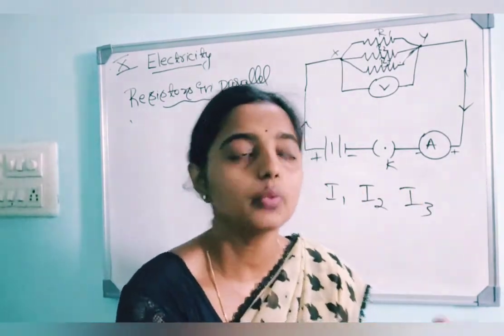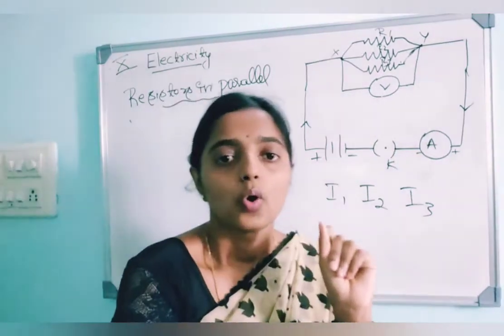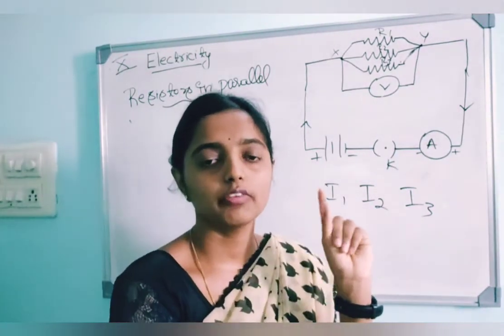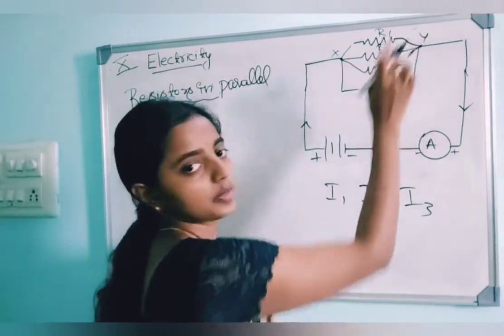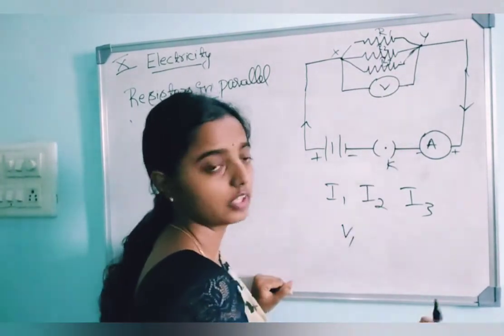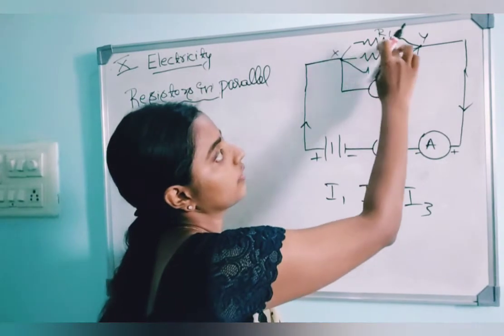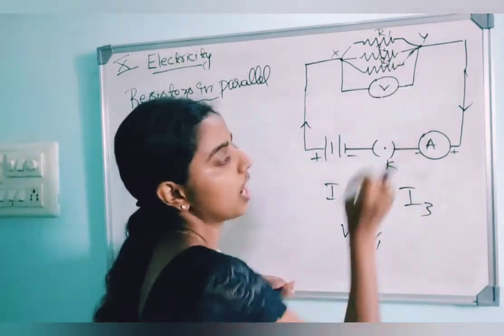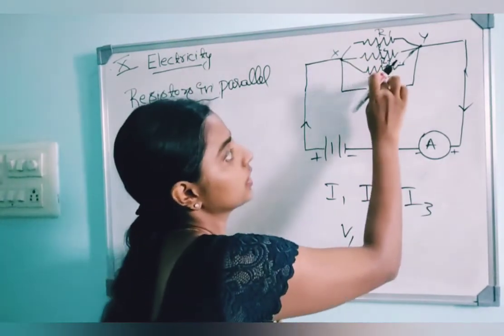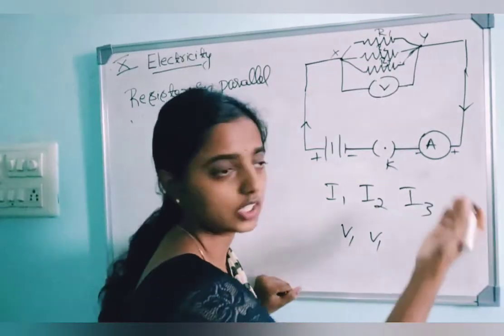Next, same thing we need to do with the voltmeter. In a similar way I connect the voltmeter across this resistor and take one value, V1. Now I connect only across this resistor, and I get the same value, V1. And across the R3 resistor I connect here and check the voltmeter value.